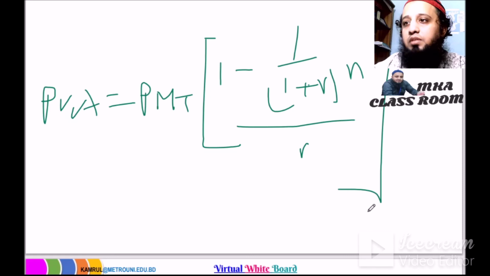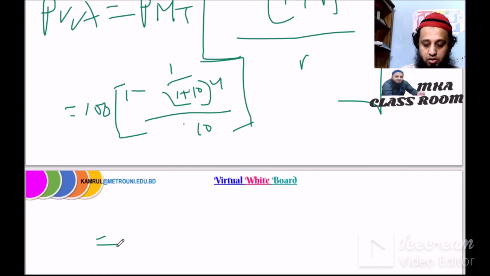What will be our result by pressing our calculator? 1 divided by 1.1 power 4, then 1 minus this result, divided by 0.1, into 100.